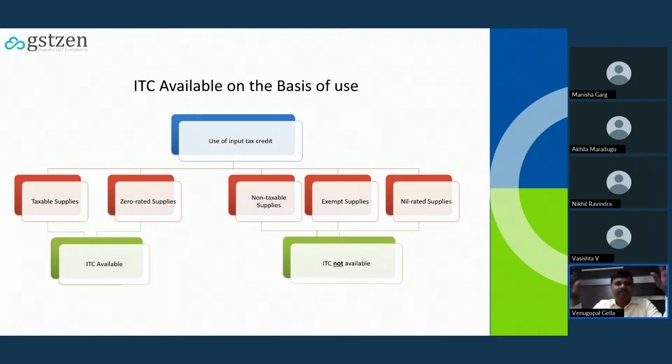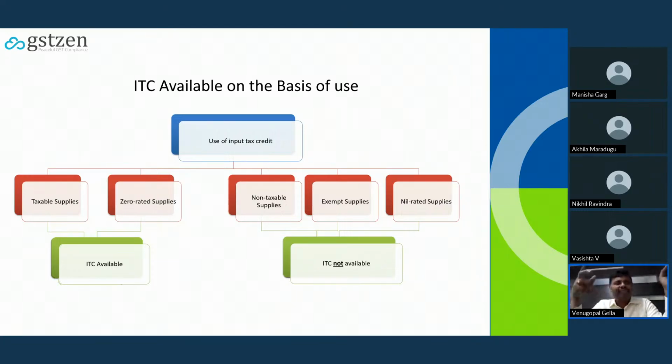T4 is 100% eligible. The common credit, which is C2, has to be proportionately utilized. And the C2 is divided into D1, D2, and C3. Only C3 is available. Now, as I'm saying, for someone who is new, it appears like Greek and Latin. But when I show you on the screen what you are seeing, it's pretty simple.